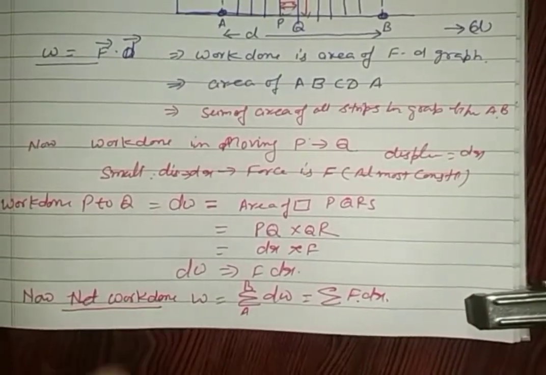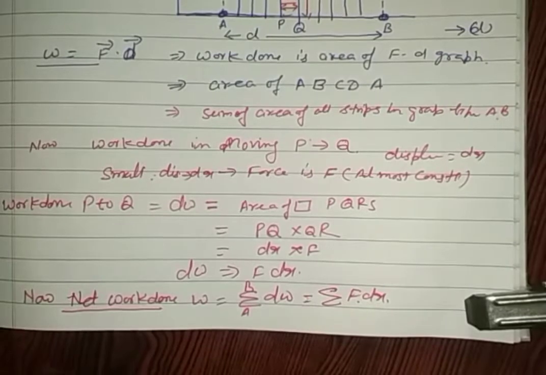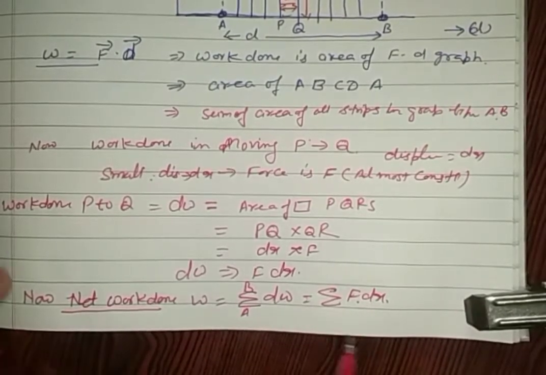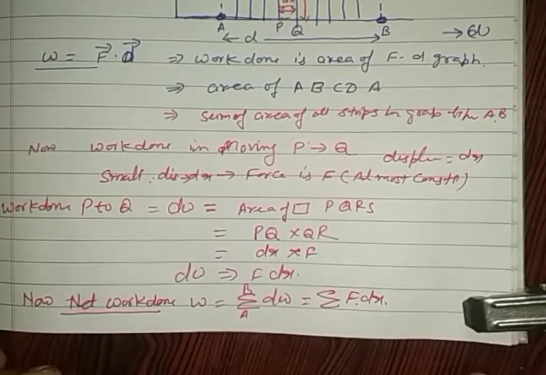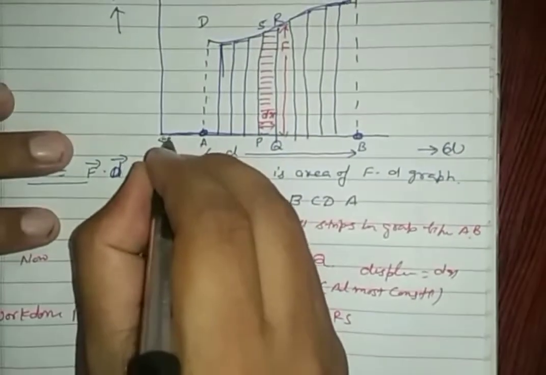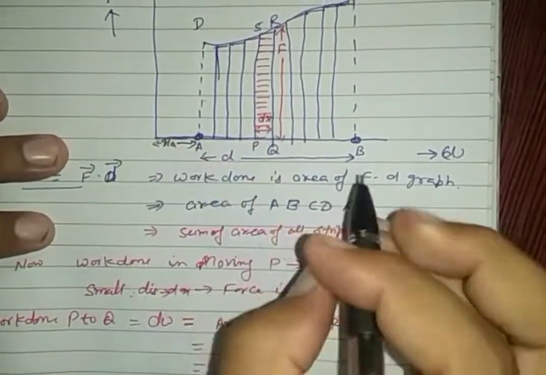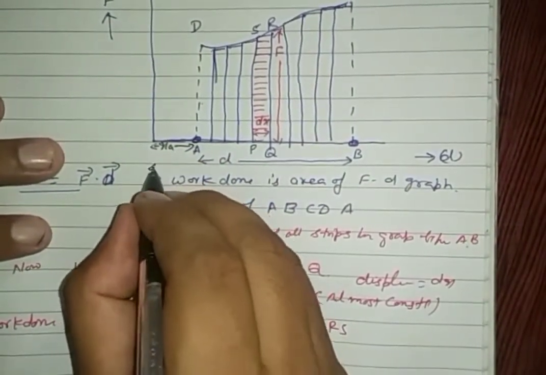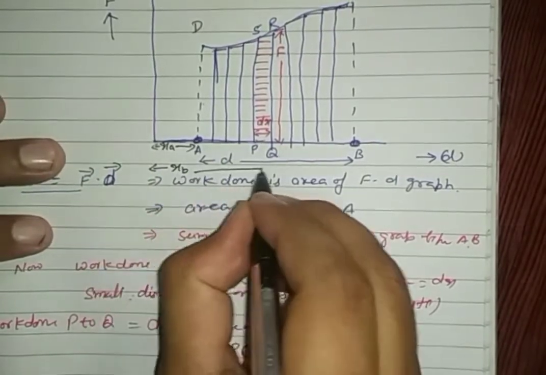To calculate the net work in the language of calculus, the lower limit, the beginning from A, is represented by XA, and the final position is XB.